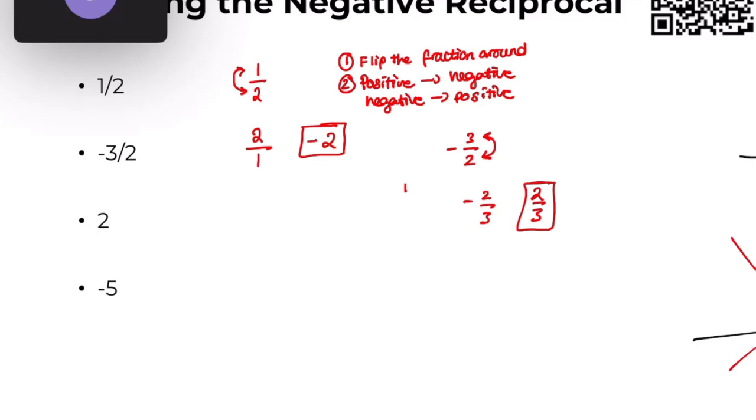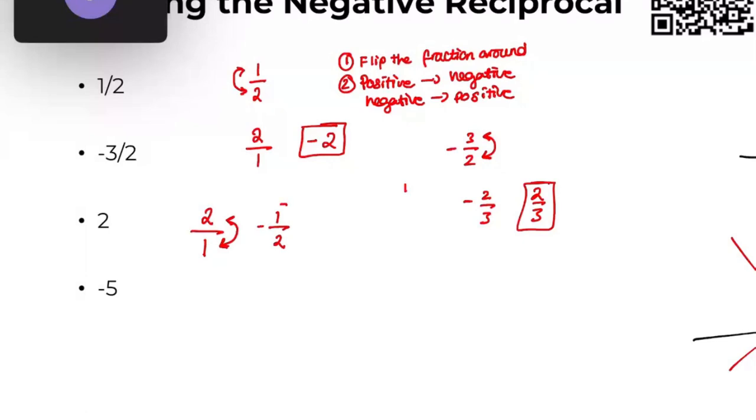If we look at 2, 2 by itself is the same as 2 over 1. If we were to write 2 as a fraction, you would just write 2 over 1. Then all you have to do is flip these two around, it becomes a half, and then it's positive, so you change it to become negative.